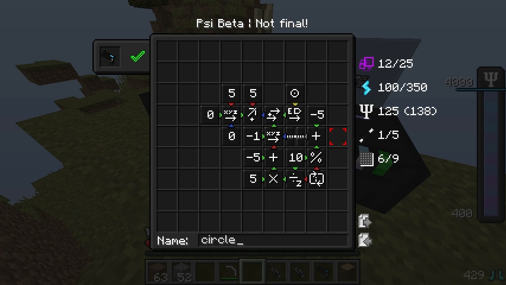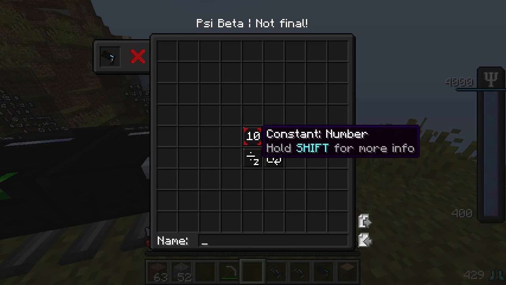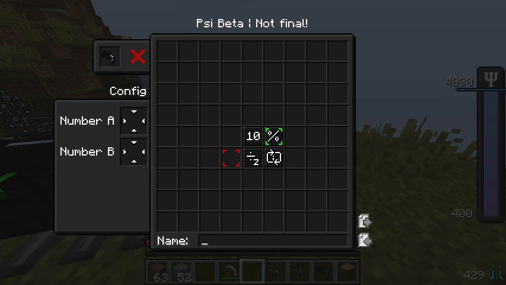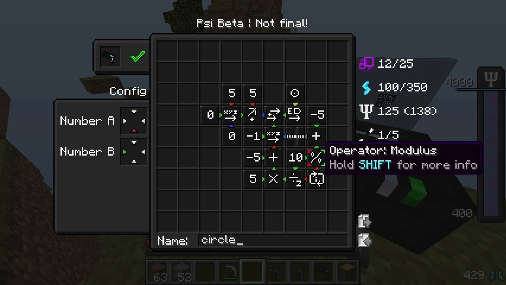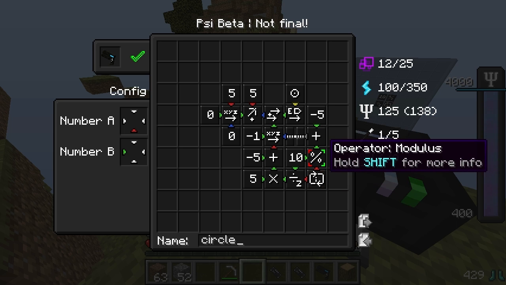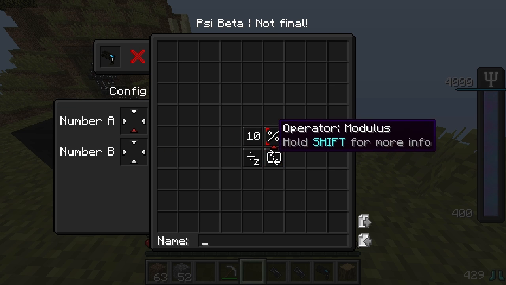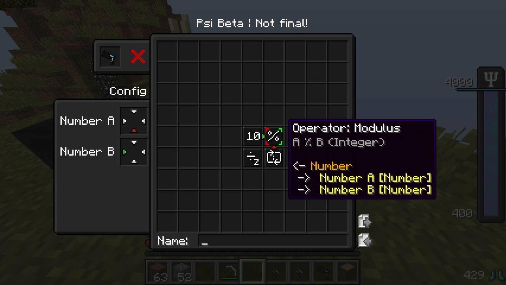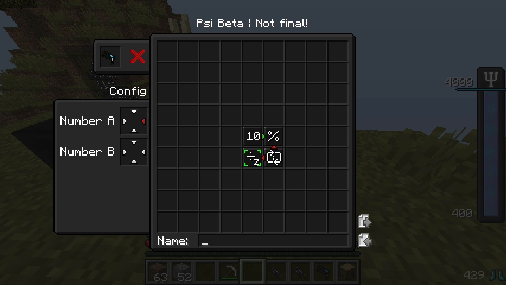Modulus and integer divide. And then we have a 10 here. And what else was there? And then we're doing different operations on it. We're doing the loopcast index divided by 10. Similarly for the integer divide, we're doing the loopcast divided by 10.